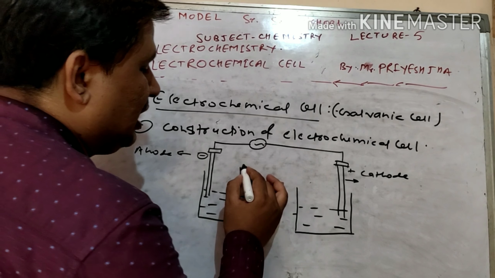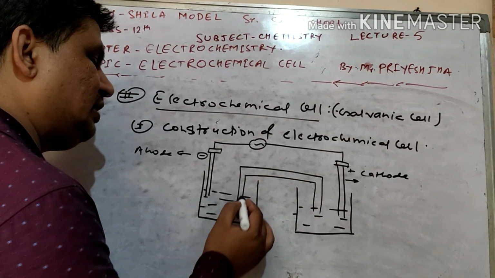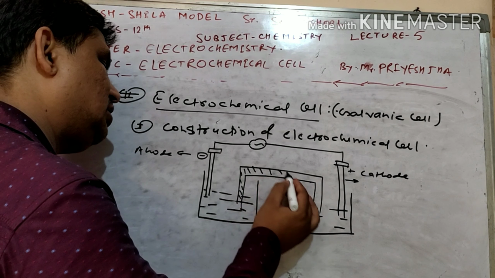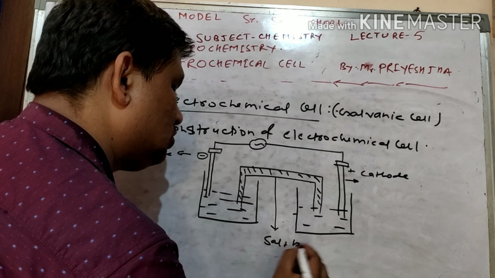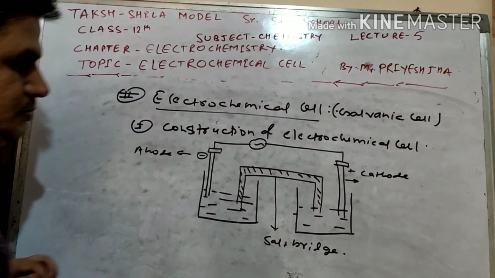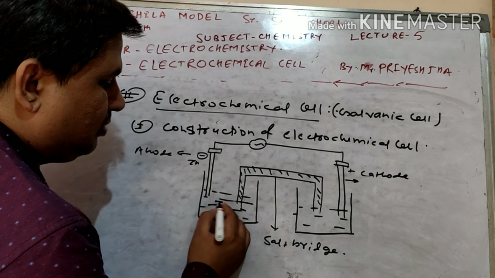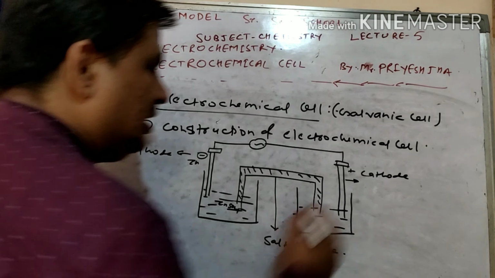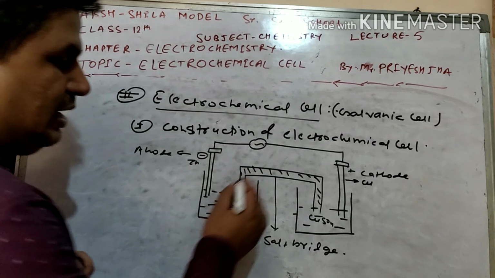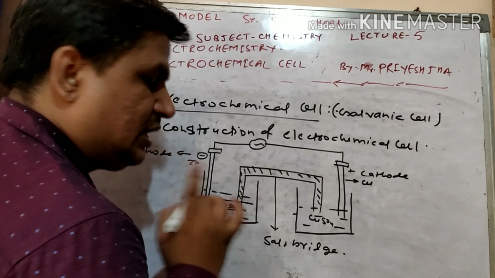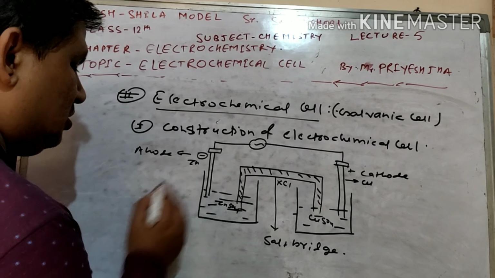These two beakers are connected through a U-shaped container, generally known as a salt bridge. Suppose this electrode is zinc, then this will be zinc sulfate, and suppose this is copper, then this will be copper sulfate. The salt bridge is an agar solution of any salt, for example, KCl.